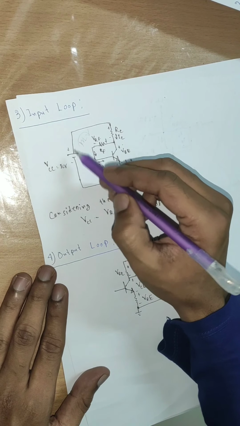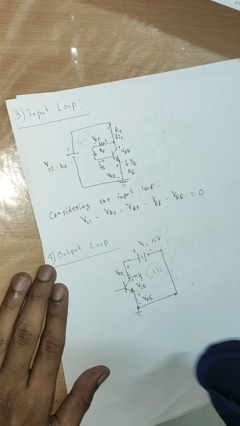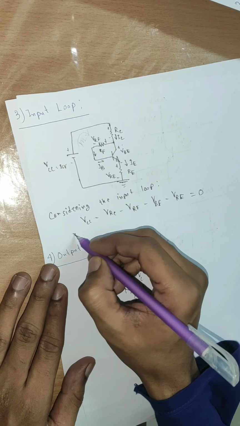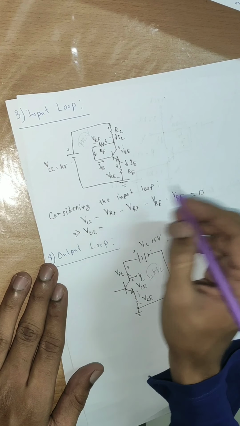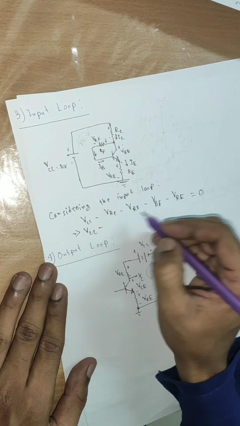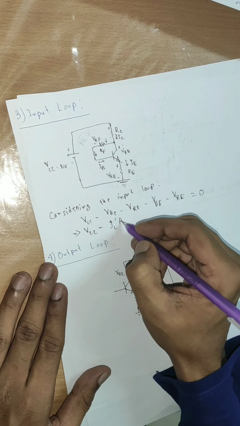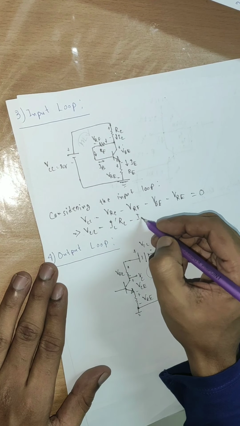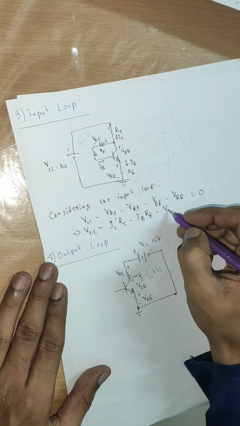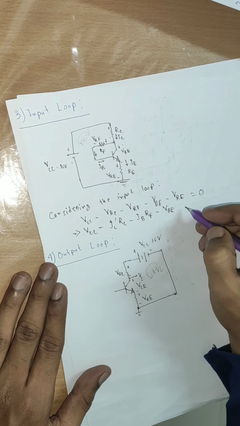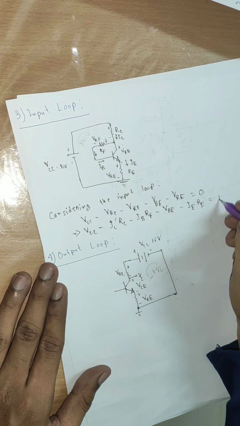Since the battery voltage is positive through the clockwise direction, now if we replace the voltage with our Ohm's law, we can write that as IC prime RC, IB RF, and VBE will remain the same, and here IE RE equal to 0.